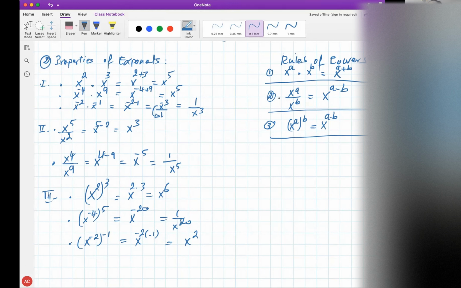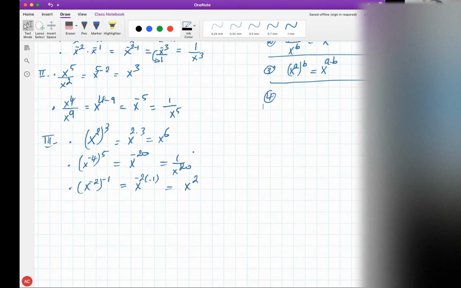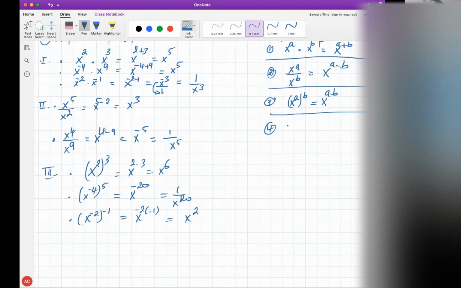So we're going to be using this, whether directly or indirectly, to do other problems. 1, 2, 3. The fourth rule stems from here. We've already seen a couple of rules here with the negatives. So basically, like we said before, if you have any base to a power that's negative, what is this equal to again?